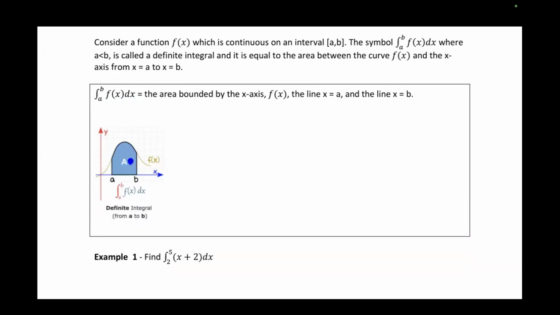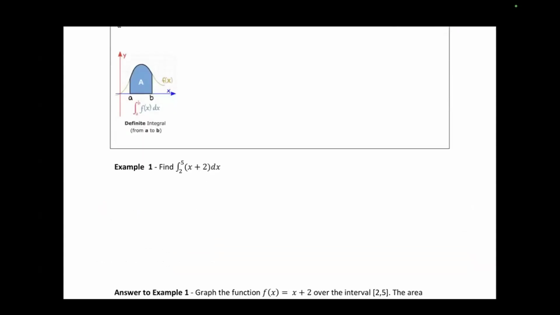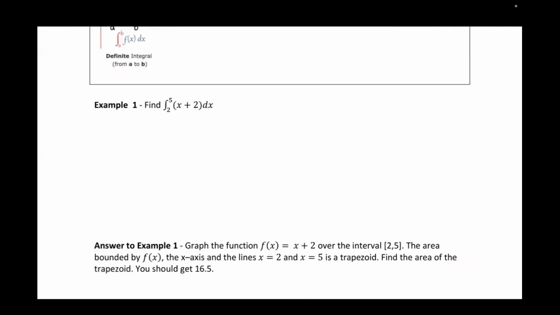So this shaded in area, that area is defined to be equal to the definite integral from a to b of f of x dx. So we're going to really look at this from a geometric point of view today. So let's do an example.